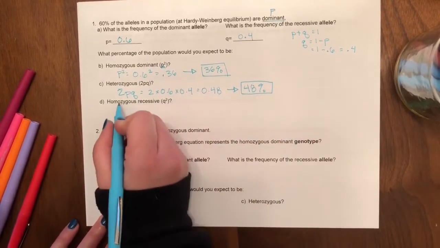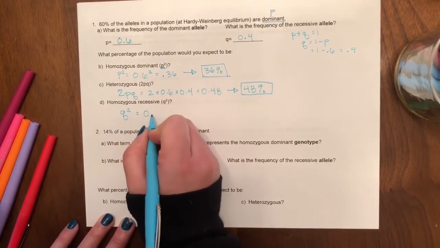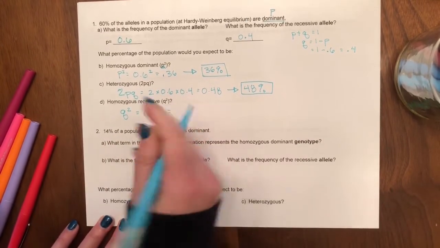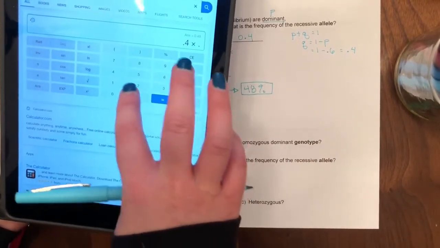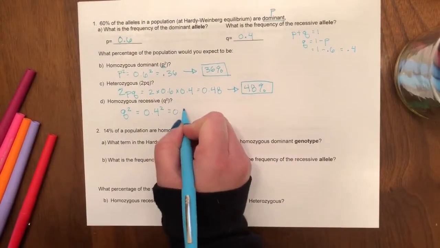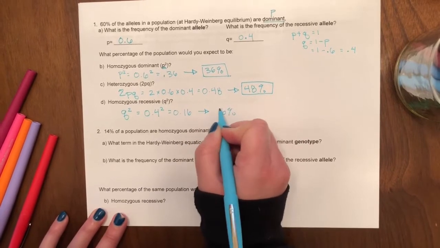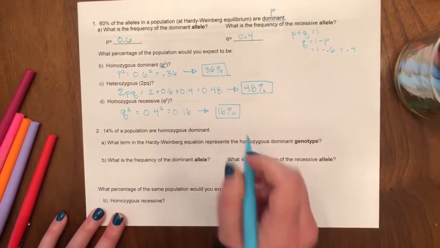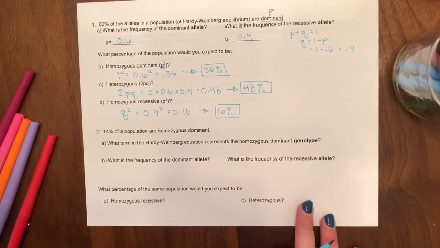And then we'll do the same thing for homozygous recessive. Q squared. We always want to check our math. 0.16. And then let's write that as a percentage. And there we go. Those are sort of the easiest Hardy Weinberg problems.